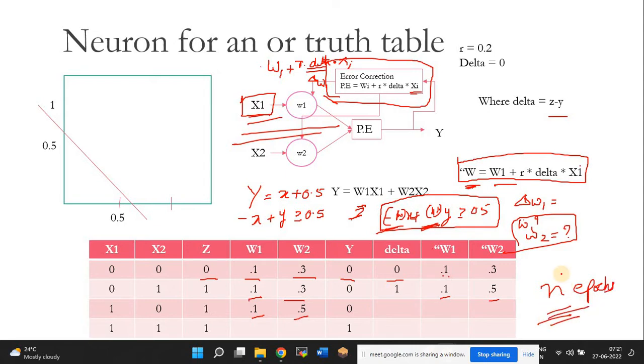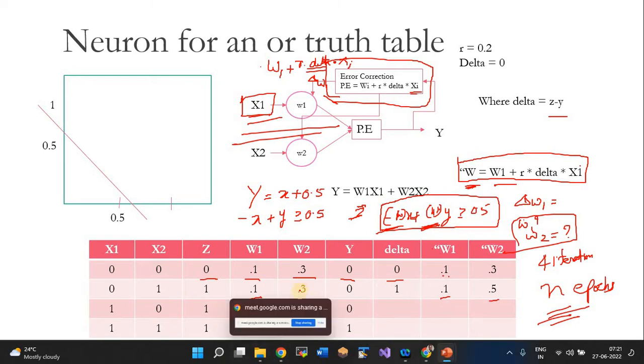When I run this code, I have this Python code somewhere, but I'm not able to find it. In the fourth iteration, they come as 0.7 and 0.7, so that the final value of W1 is 0.7 and W2 is 0.7.